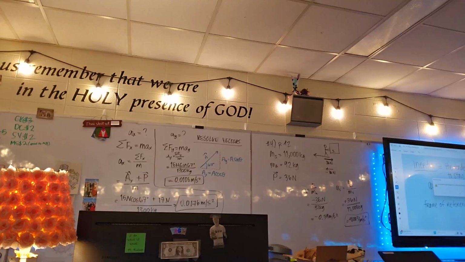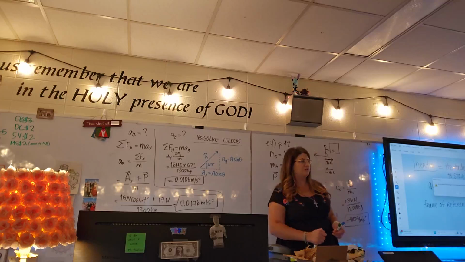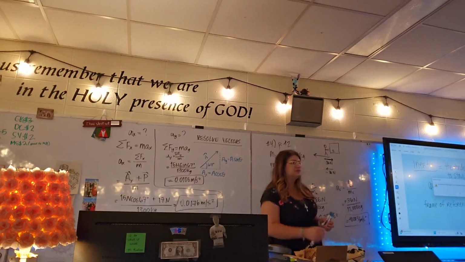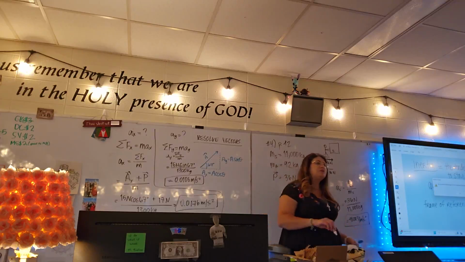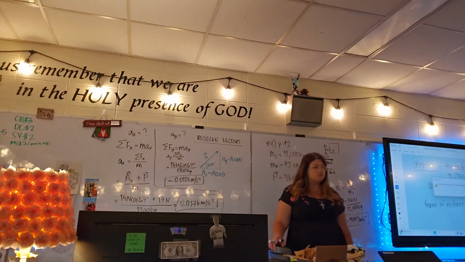Yes, Jeff? Should we use, instead of like positive, should we use like less? That's up to you. That's a really good question. So Jack asked, should we use west or east or forwards or backwards or the negative? As long as you can show where you have determined your frame of reference somehow in your problem, it doesn't matter. As far as the FRQs go, they'll ask you specifically in what direction.